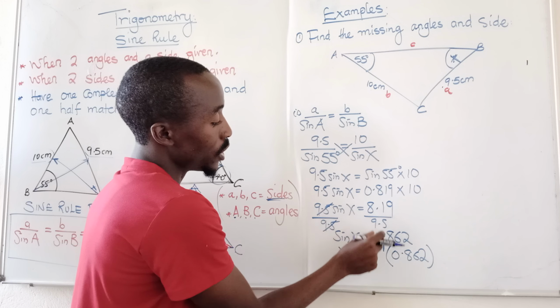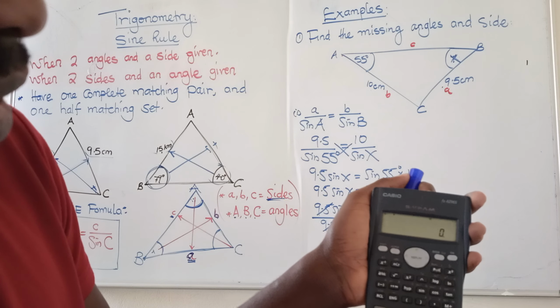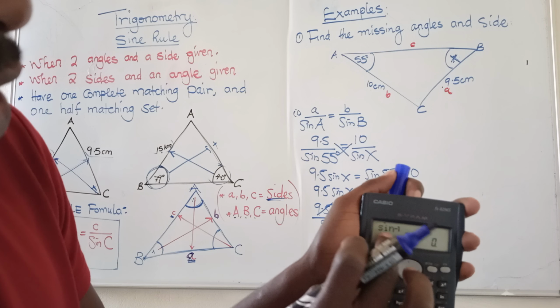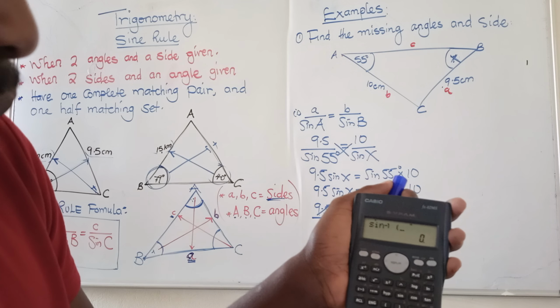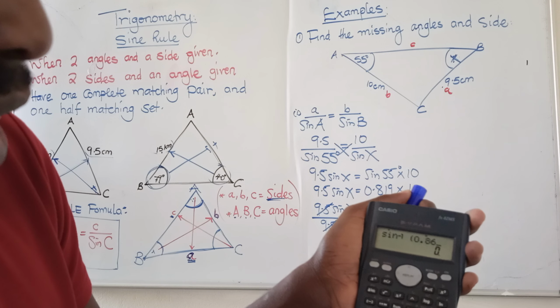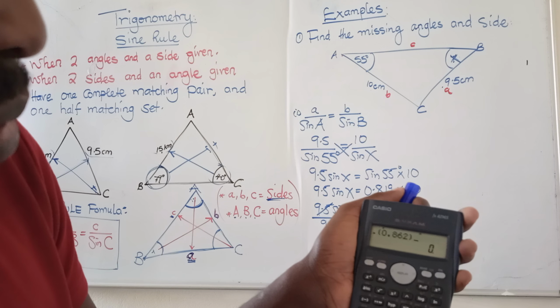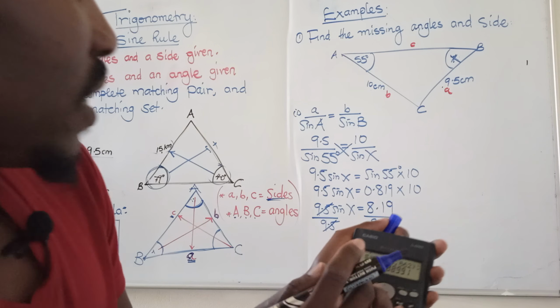Now, you punch that on the calculator. How do you do it? You go on shift, and then you press sine. You see it has brought the same as it is on the board. So you open brackets, put 0.862, and close the brackets. This will be equal to 59.5.